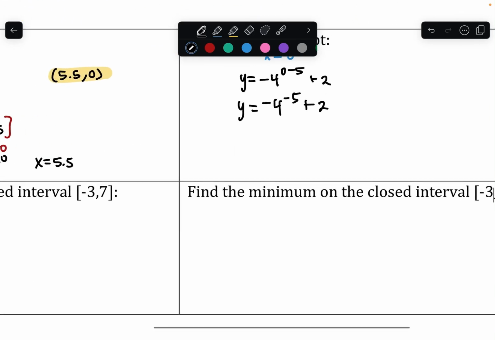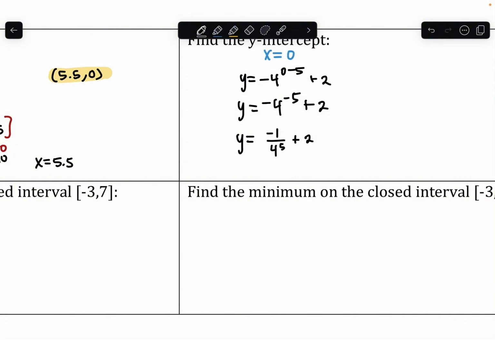And then whenever you see a negative exponent, leave the negative, but move the 4 and raise it to a positive 5th power to the bottom. Still trying to do all of this without a calculator. And so this is negative 1 over 4 to the 5th power, which is a very, very small number.